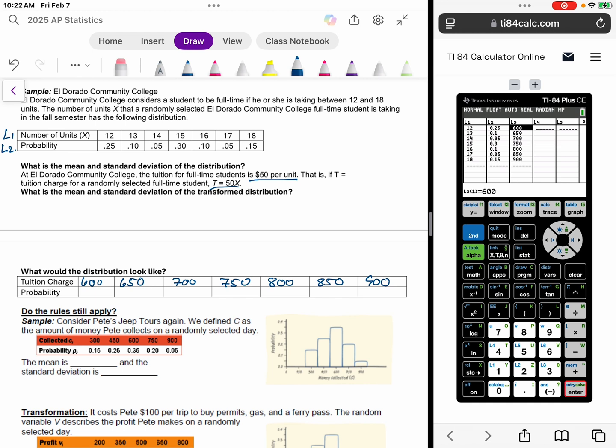So the tuition charge, of course, changes from units to now being based off of $50 per unit. The probability still stays the same, so we can copy down the probabilities. That's not going to change. The probability will not change as we do transformations on the X value.